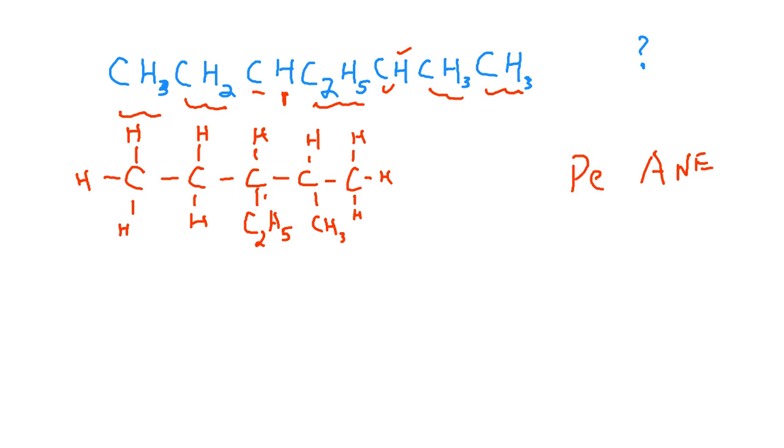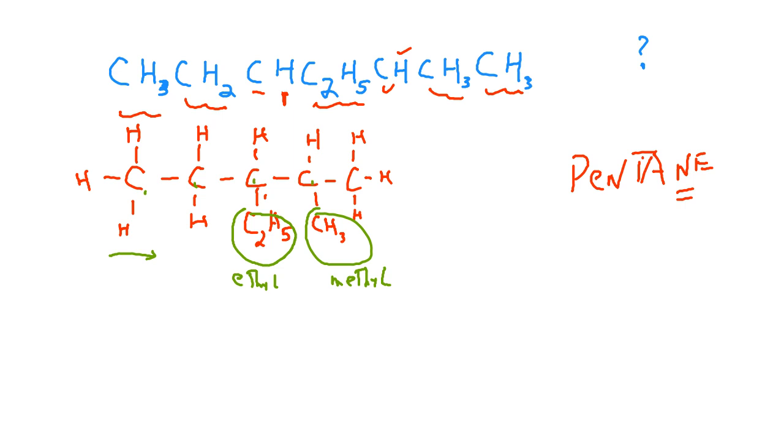Now we have to see what are the additions. Oh, well, the additions are pretty easy, right? Because there is our ethyl. And here is our methyl. If we count left to right, this would be carbon 1, 2, it would be 3 ethyl, 4 methyl.